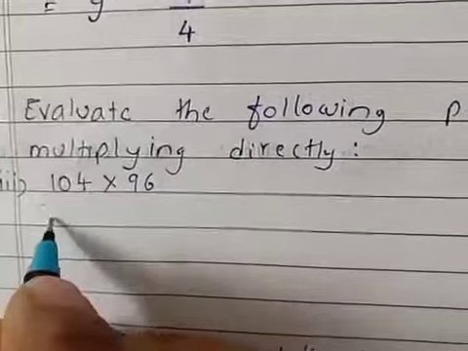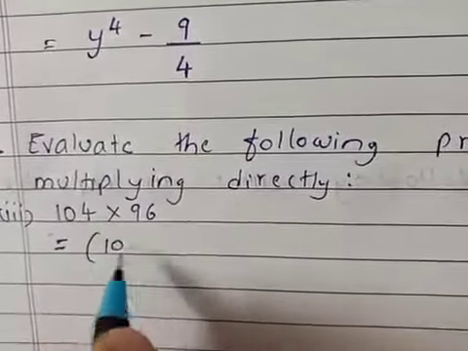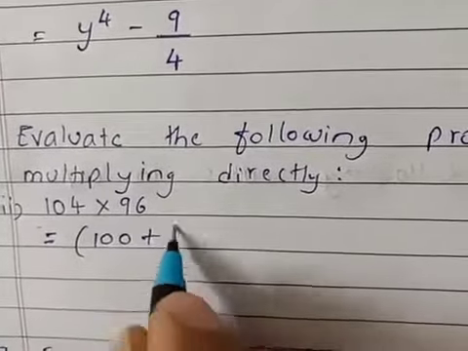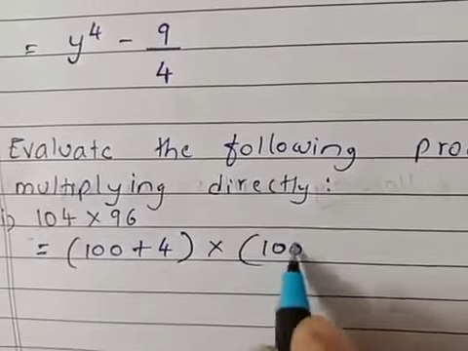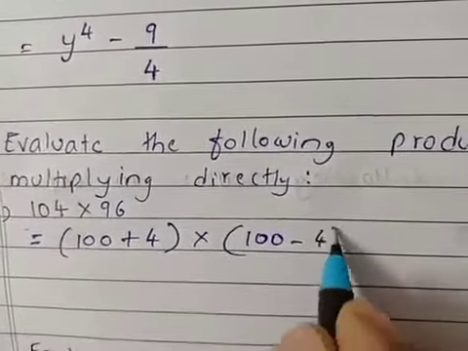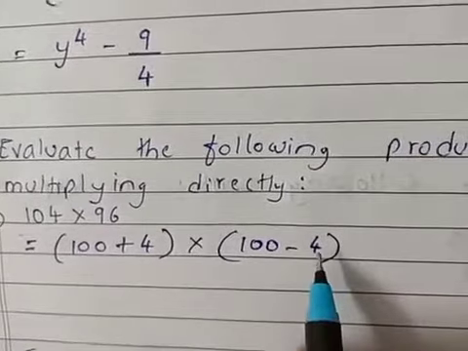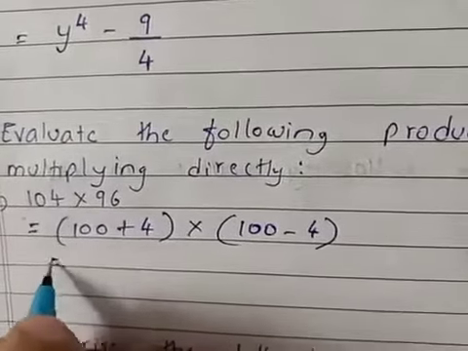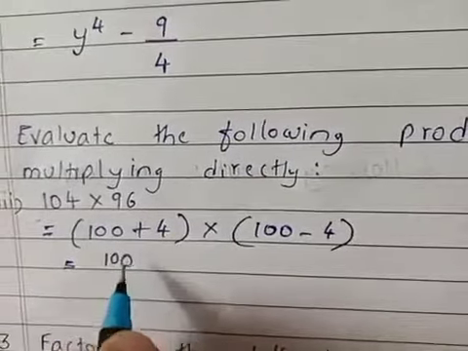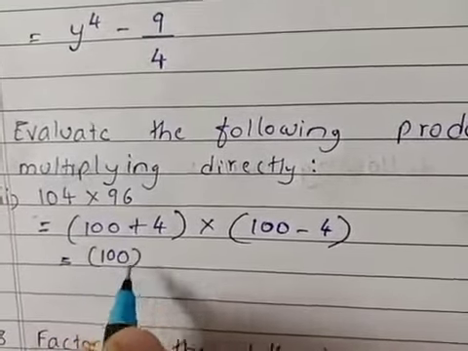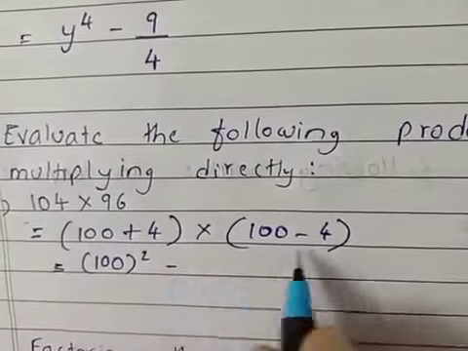So how will you solve this? This you can write as 100 plus 4 into 100 minus 4, a plus b, a minus b. So this will be a square, that is 100 square, minus b square.